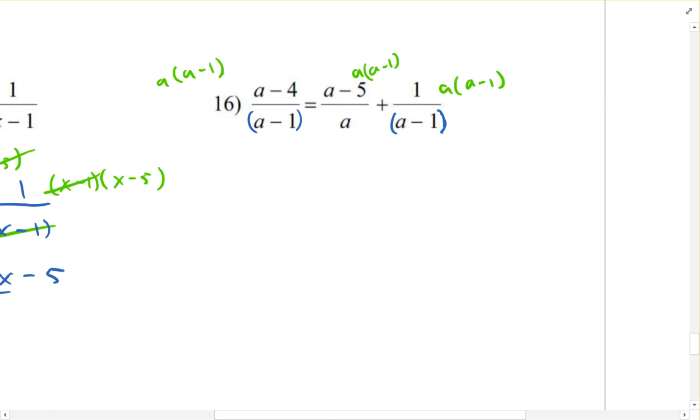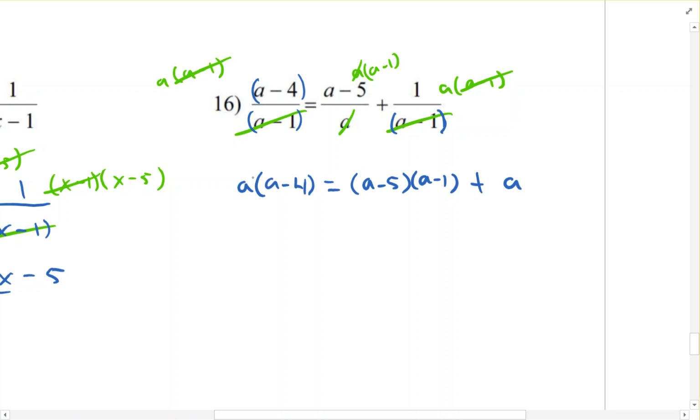Okay, what can we cancel? Well, in the first one, we can cancel the a minus 1. In the second one, we can only cancel the a. And the last one, a minus 1. So we are left with a times, and make sure you put that in brackets too, because it's times that whole thing, (a minus 4) is equal to (a minus 5) in brackets, times (a minus 1), plus just a.